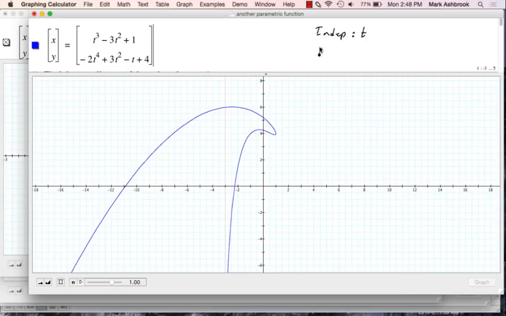Dependent is an ordered pair, x and y. Given a value of t, do you only get one ordered pair, x and y? So for every value of t that you choose, do you get just one distinct pair, x and y? Yes, you do. So in this perspective, it is a function. For any given t, you get just one corresponding ordered pair, x and y. That's the function.